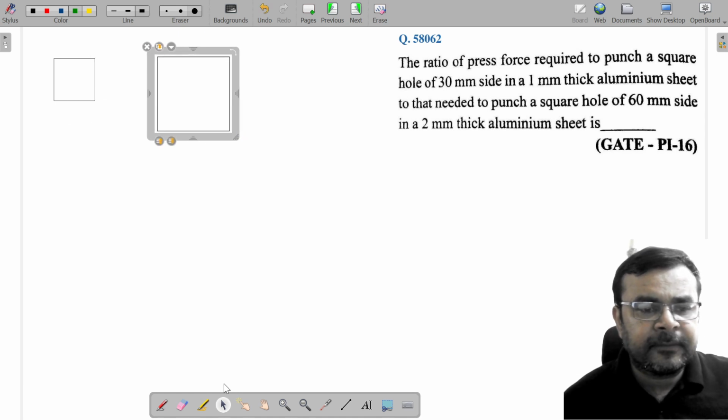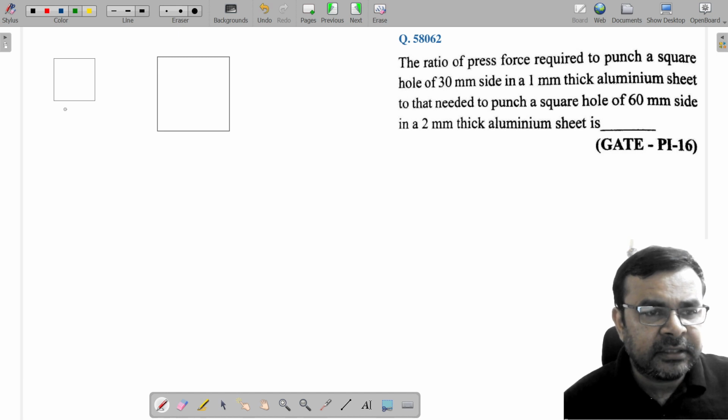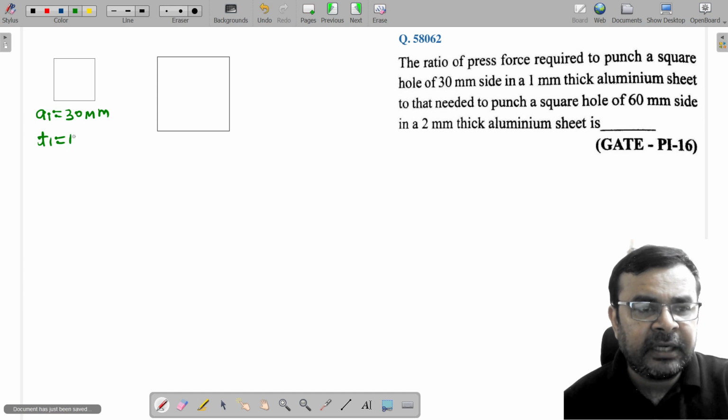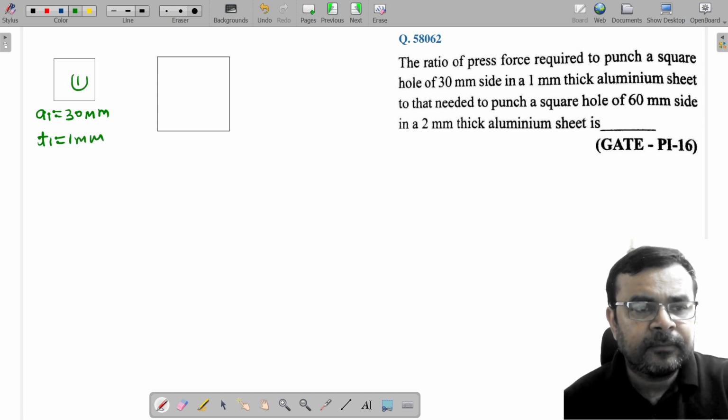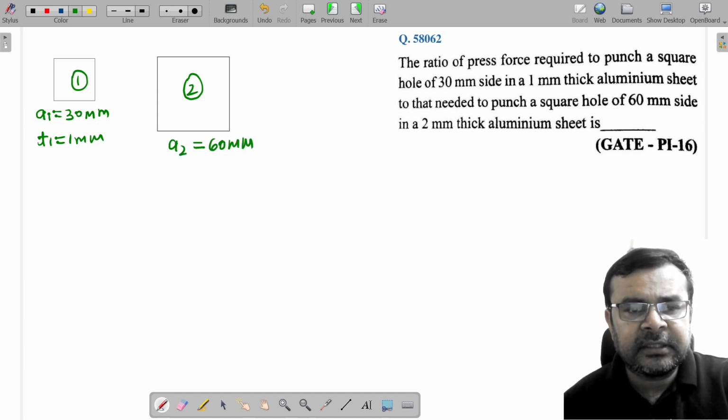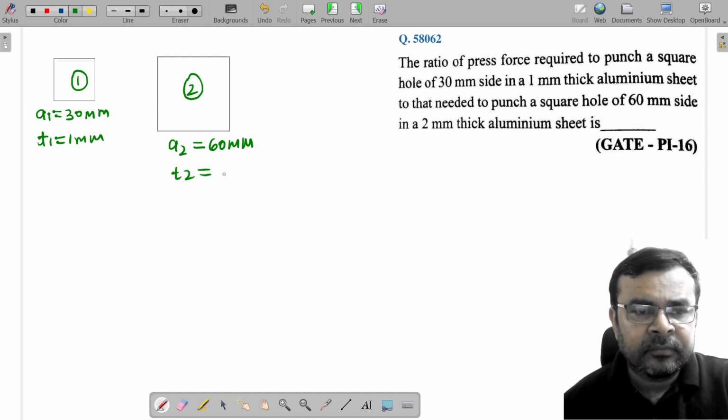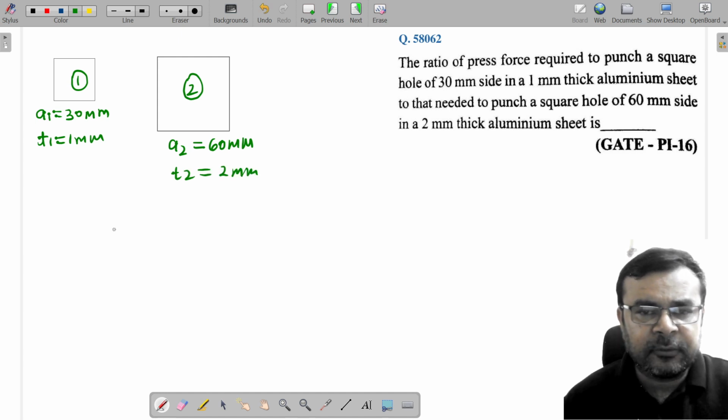Here the size is A1, which is 30 mm, and T1 is equal to 1 mm, and this is A2, which is 60 mm, and T2 is 2 millimeter. Yes or no?